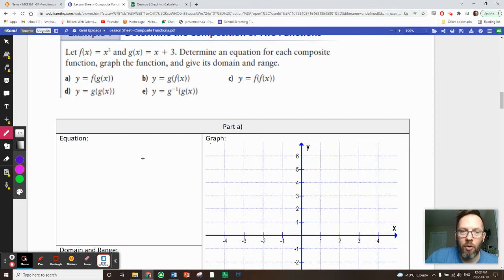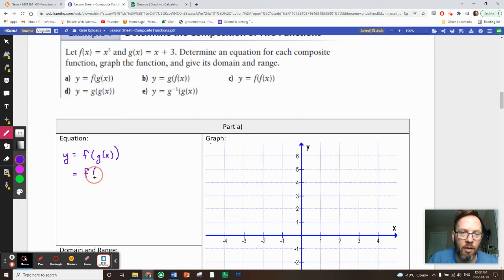So our first function, y equals f of g of x. What does this mean? It means inside the function f, we're going to plug in our function g.